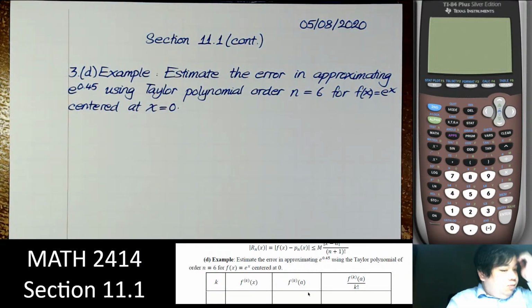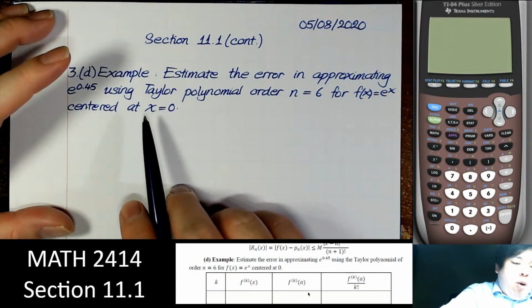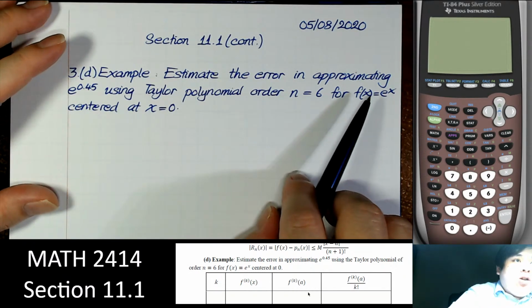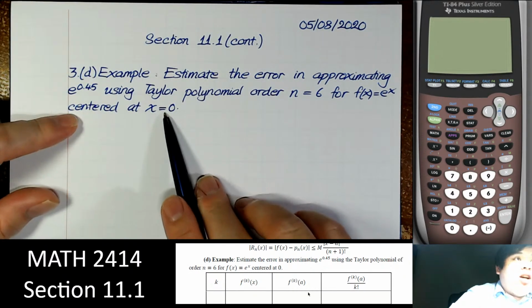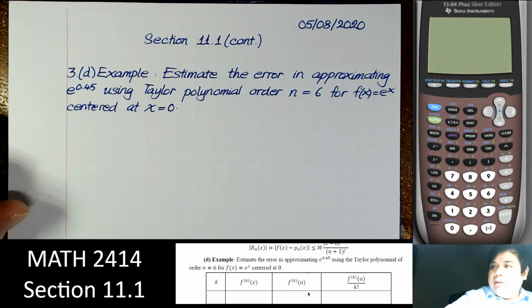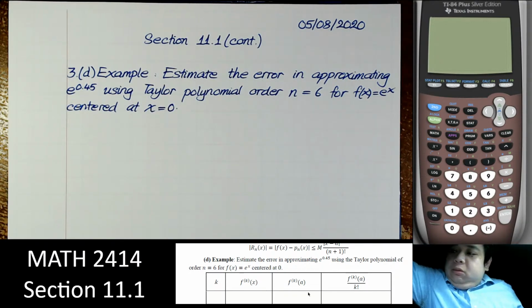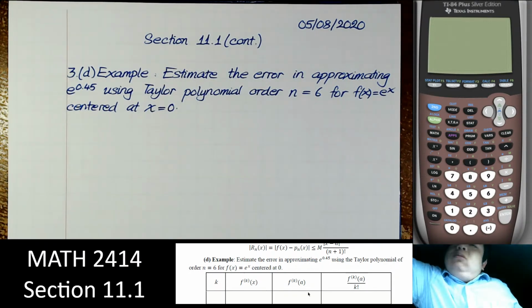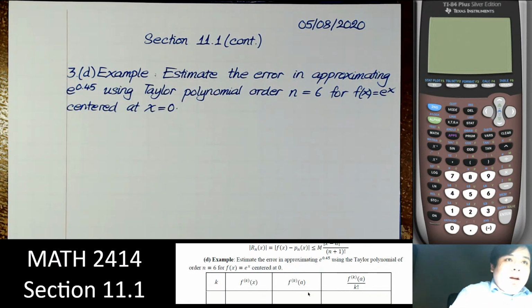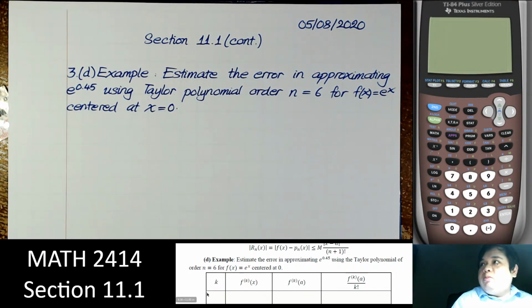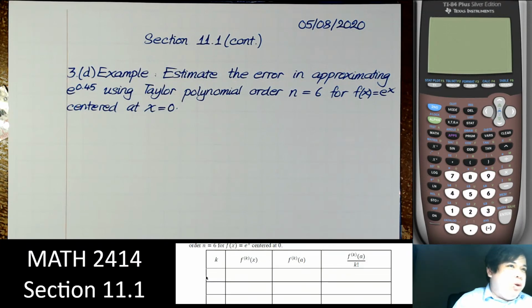So we try to find the Taylor polynomial to estimate this function centered at x equal to 0. So pretty much what we did is this table, and of course we will do this a lot in this chapter.